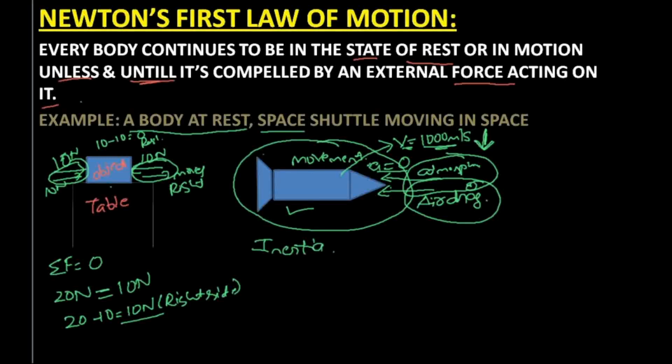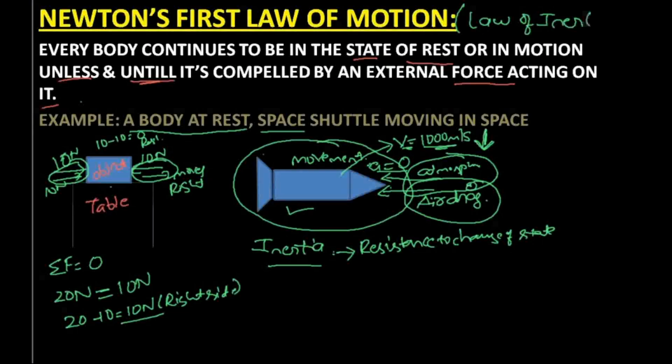In the previous section we have already discussed inertia. One more time I will tell you: inertia is resistance to change of state. So Newton's first law is also called the law of inertia.